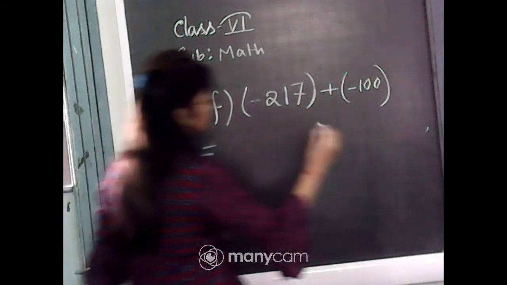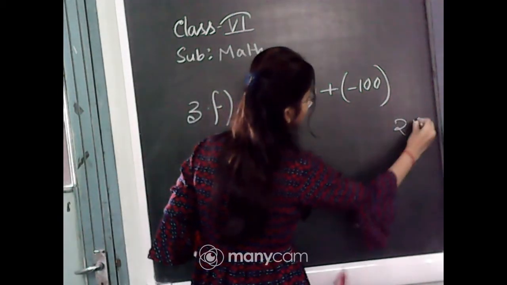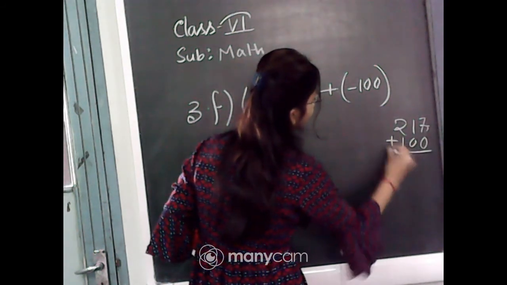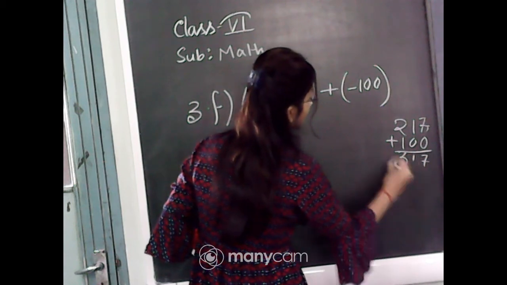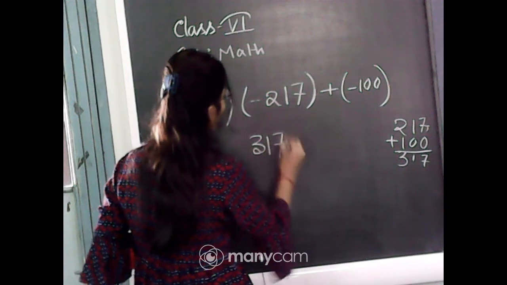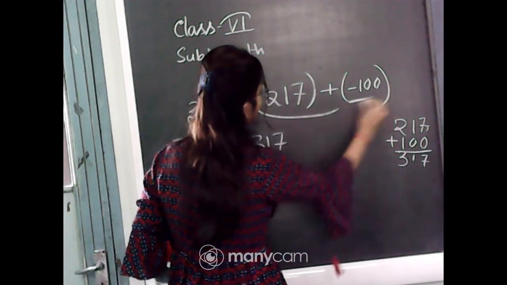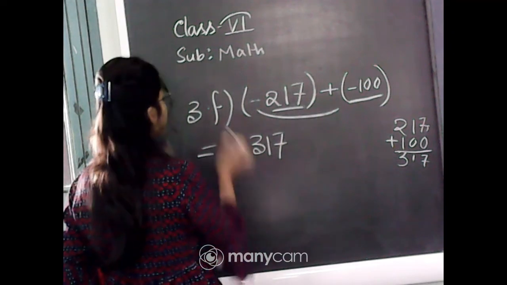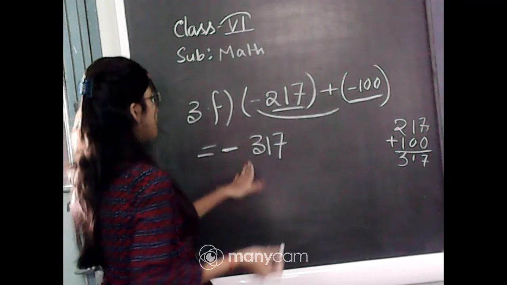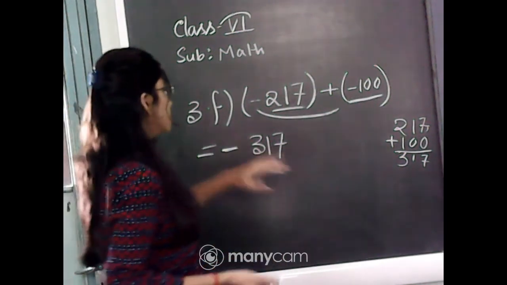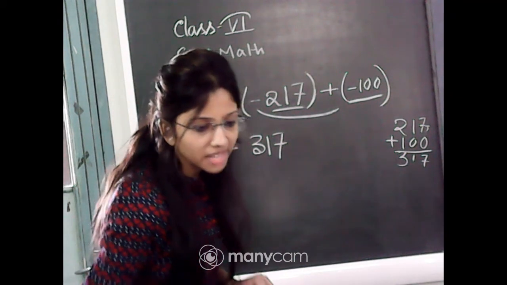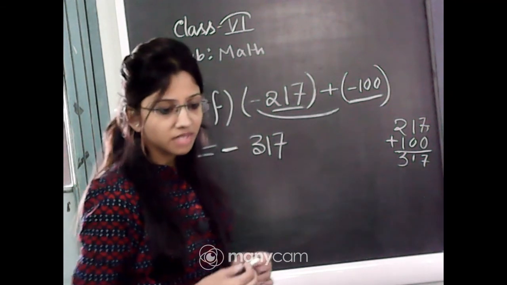We all know that 217 plus 100 is equal to 317, and since both are negative integers, the answer will take the negative sign and therefore the answer is minus 317. Isn't it? Yes, Anubhav right answer, Ayush right answer, Diptak right answer.